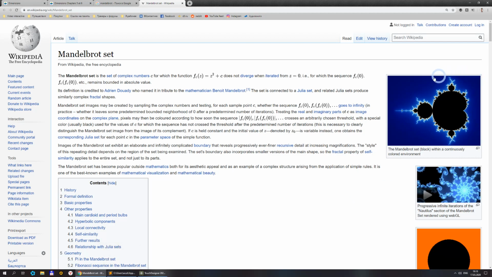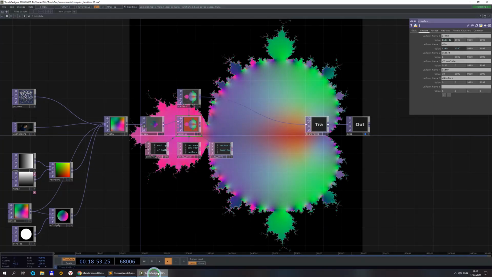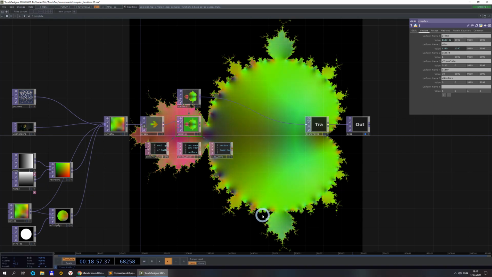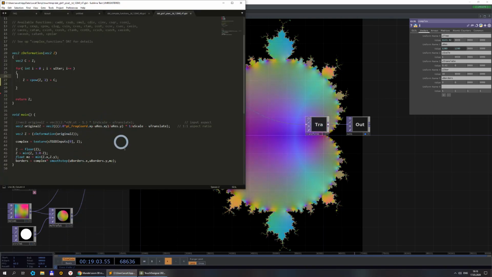But usually Mandelbrot is visualized this way instead of this way. So the color should be outside, not inside. And this is done in a somewhat different way.